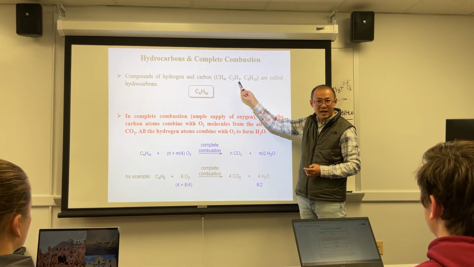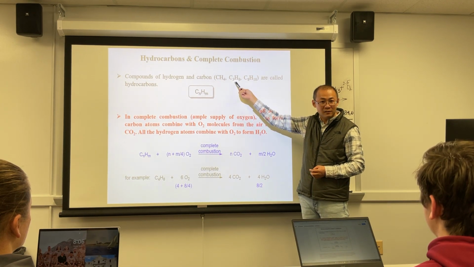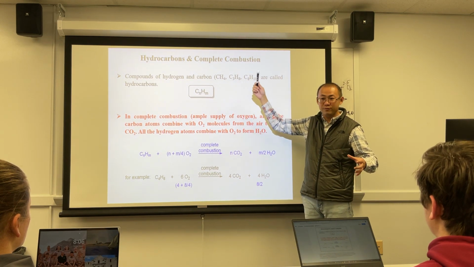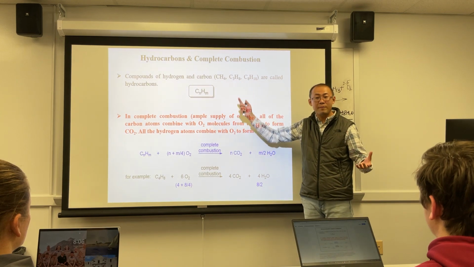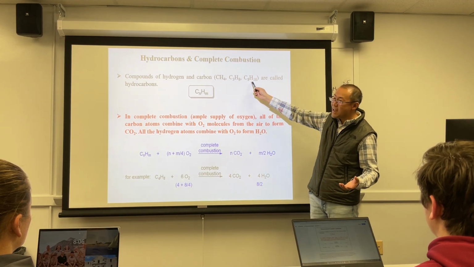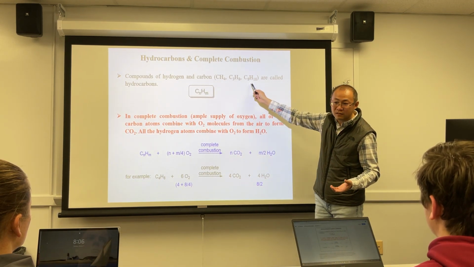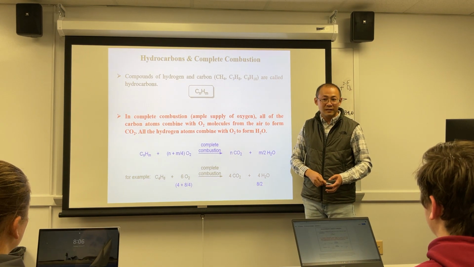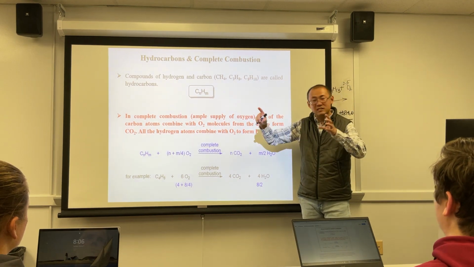This C3H8 is called propane. It's the one you do barbecue with, a big tank. If you go to the grocery store, you get a big tank of propane. This one, C8H18, called octane, is the one in your car. It's called gasoline. Gasoline is a mixture of all kinds of C8H18s.